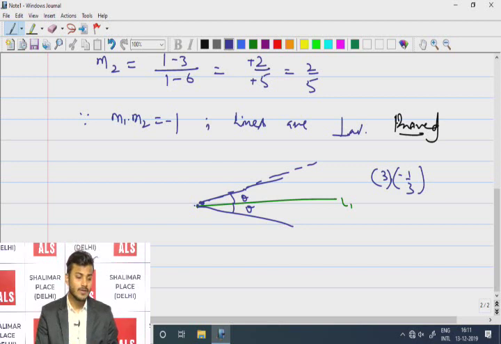So if this angle is 45, this is also 45, so the total angle will become 90. That means the slopes of those required lines are going to be perpendicular. That was a special case. But yes, in all the cases, for every value of theta, you will be getting two values of m. So this is all about slope.